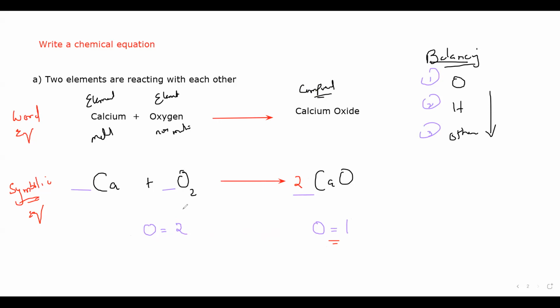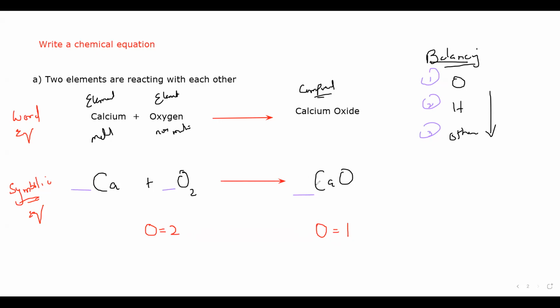When you count the oxygen, before I place this number, the total number of oxygen on the left hand side is written O2. So how many oxygen are there on the left hand side? 2. When we check the number of oxygen on the right hand side, there is only O. So the number of oxygen on the right hand side is 1.